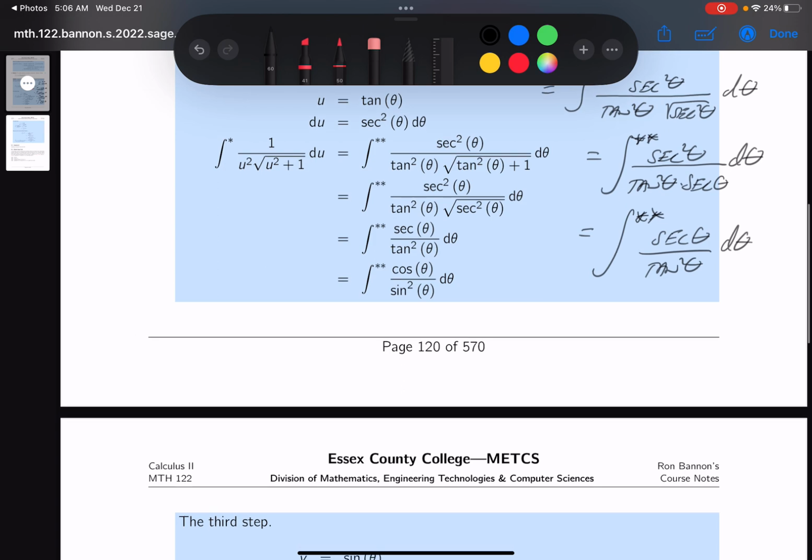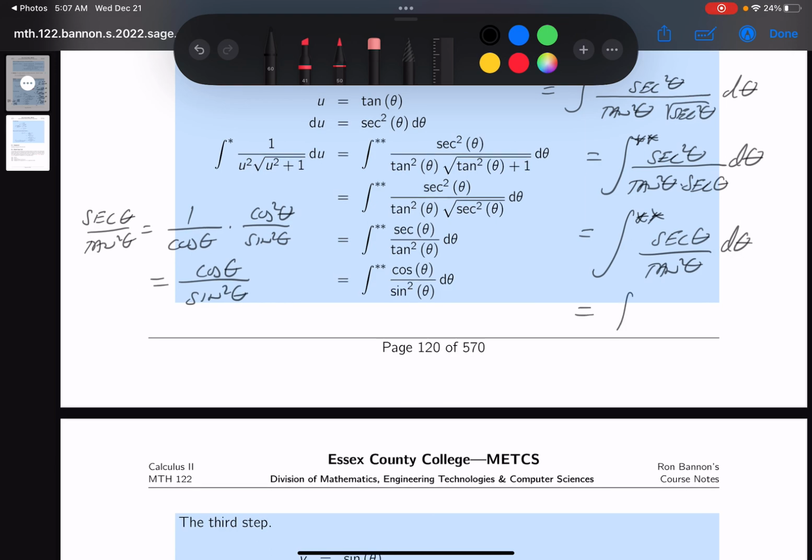I always like to go towards sines and cosines. The secant is 1 over cosine, and the tangent squared is sine squared over cosine squared. What do you get there? You get cosine theta over sine squared theta. I'll write that down and see if we met that milestone.